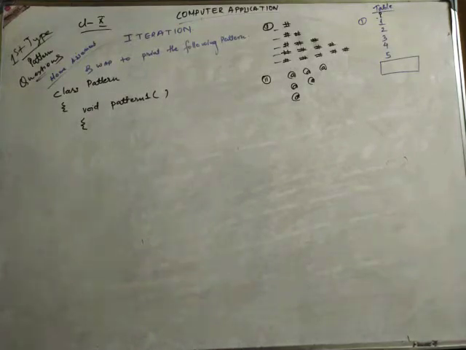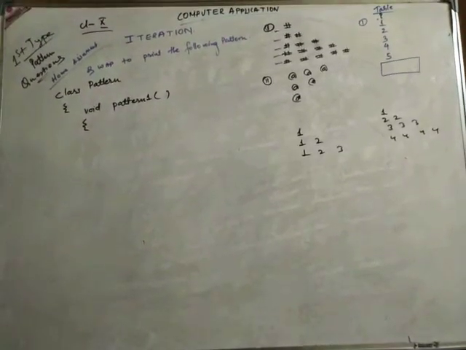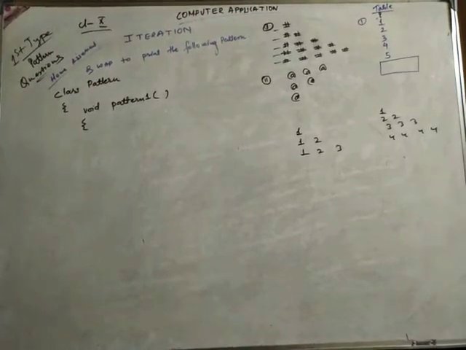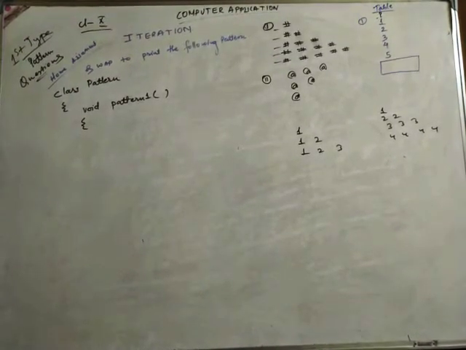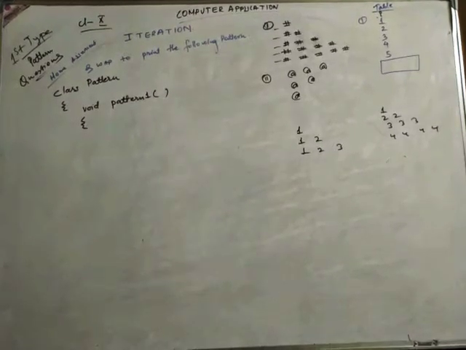If you see, the hashtag is given in all the places in each line, or the at-the-rate symbol is given. If instead we had the type of pattern given below, I have written two patterns. You can see in line 1 we have 1, then 1 2, then 1 2 3. In the next one you have 1, 2 2, 3 3 3, 4 4 4.